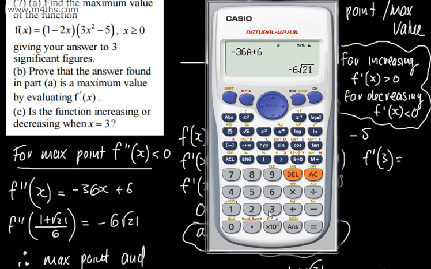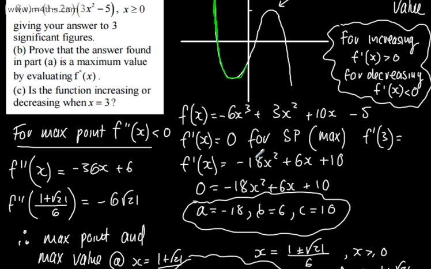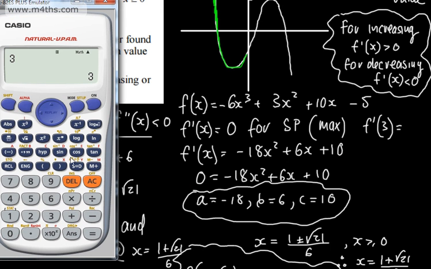So what we're going to have then is negative 18 times 3 squared, which is times by 9, then plus 18 plus 10. What's that? Negative 134.